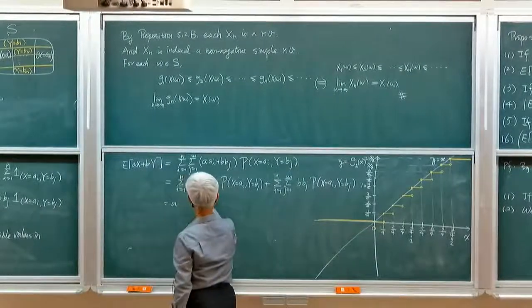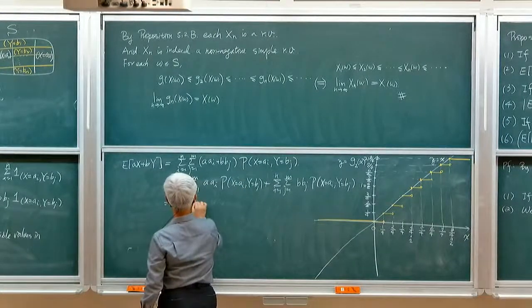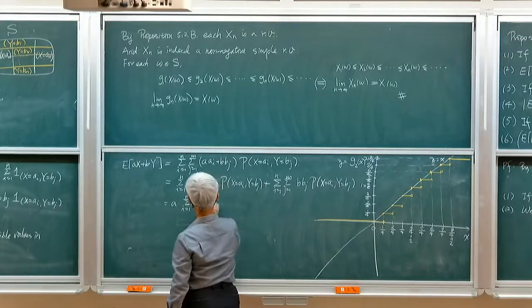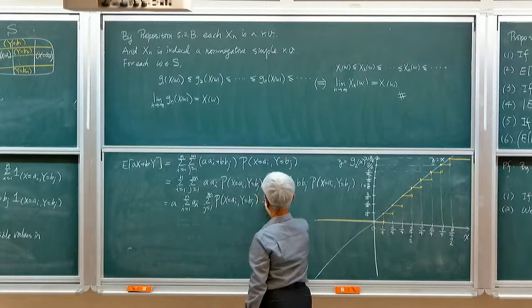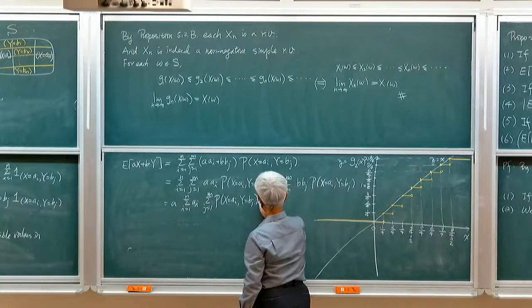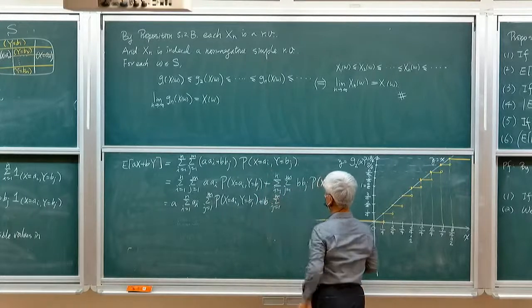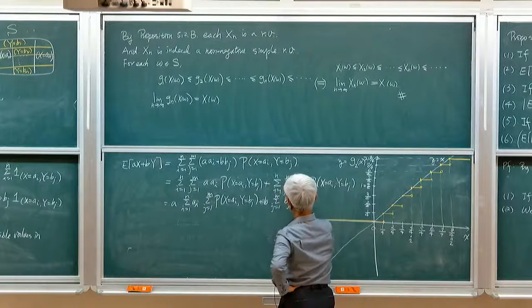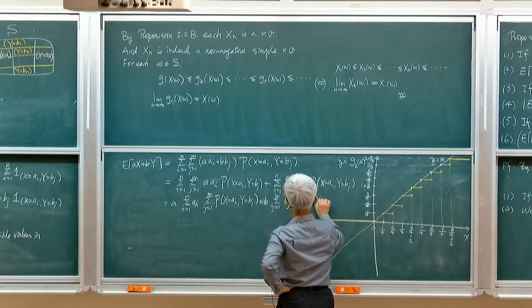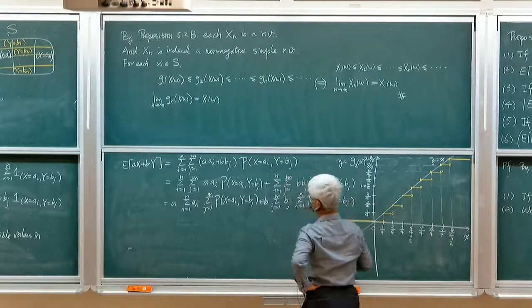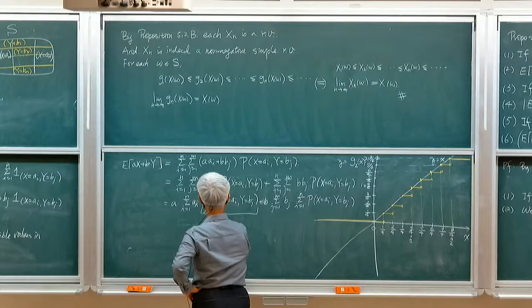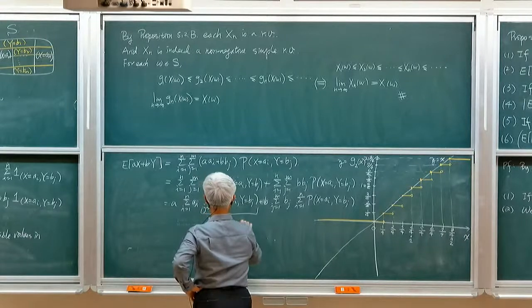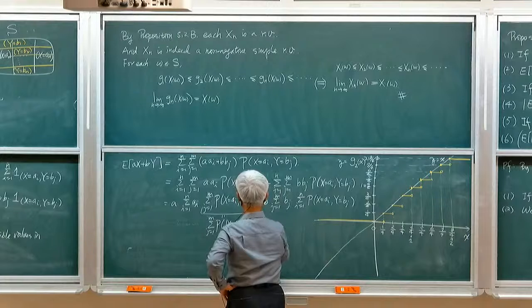A is a common factor, and ai depends only on i, and the summation over j is for the probability. Plus the summation j from 1 to m, where b is a common factor, so we move it out of the summation, and bj depends only on j. And this is the summation of the probability of x equal to ai intersect y equal to bj.